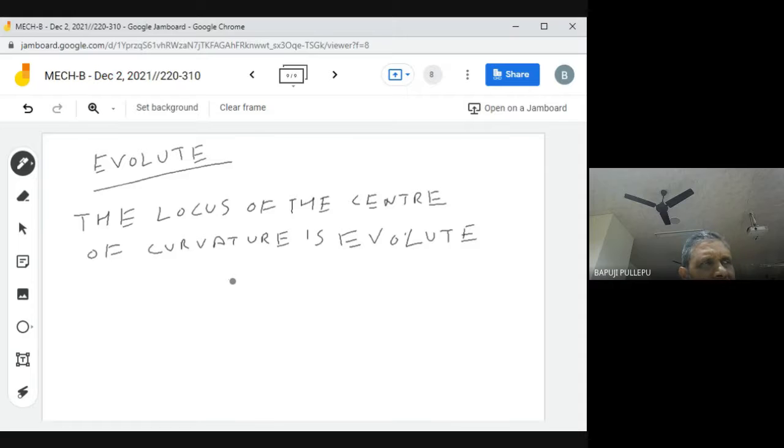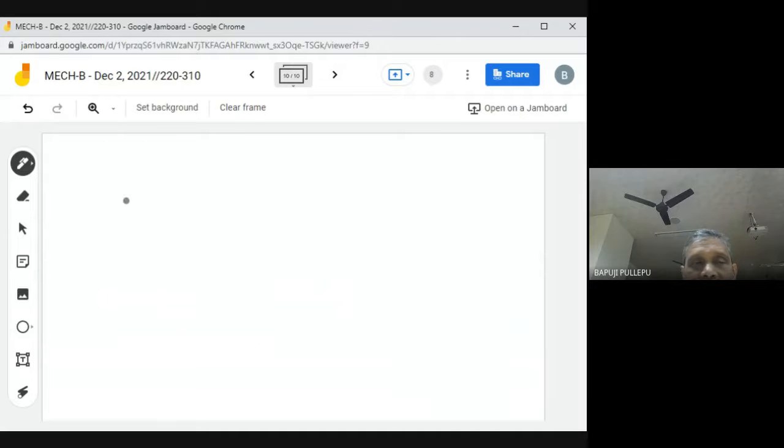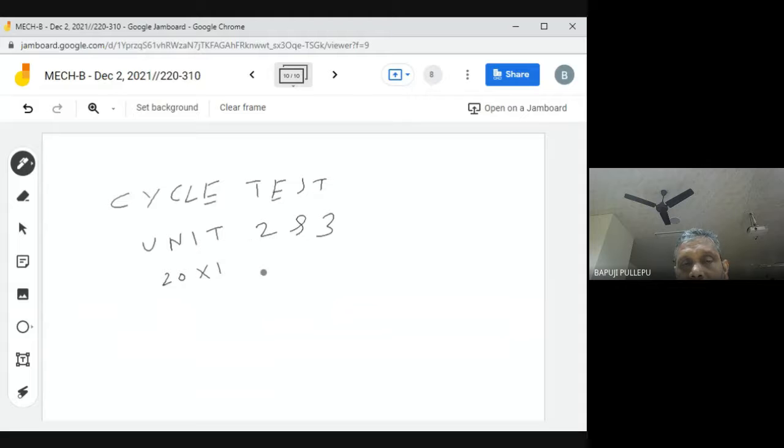I told you, cycle test 2 portions are what, sir? Any idea? Second and third chapter, unit 2 and 3, correct? Second unit and third unit are completed. We are now in the fourth unit. Do you know the pattern? Part A is 20 into 1, 1 mark each, MCQ.